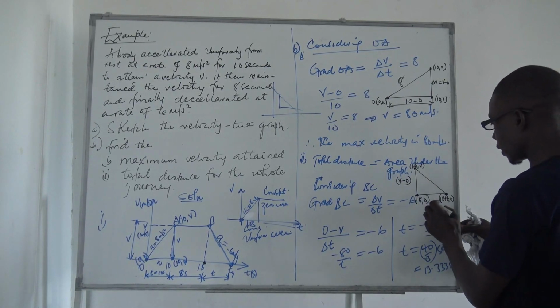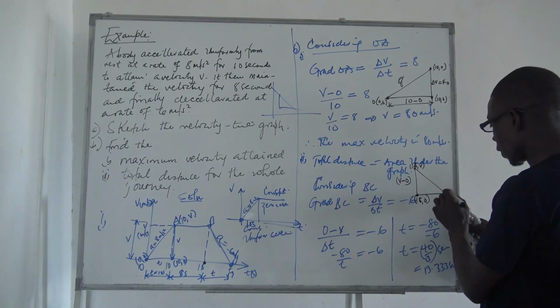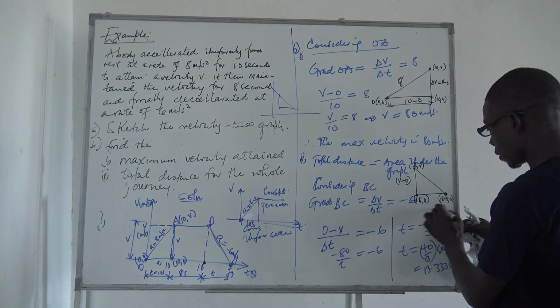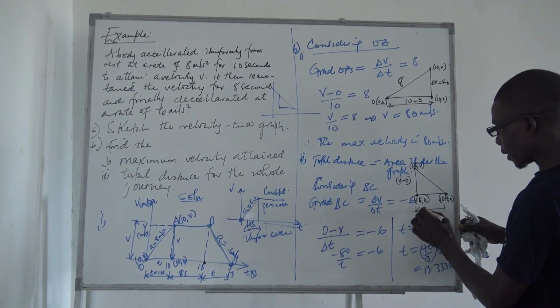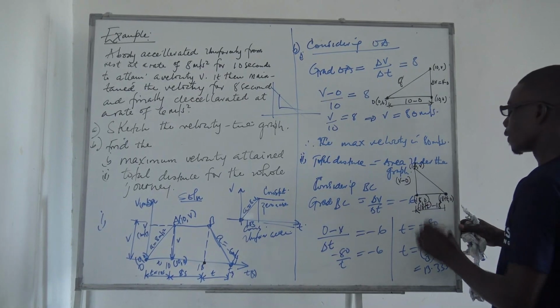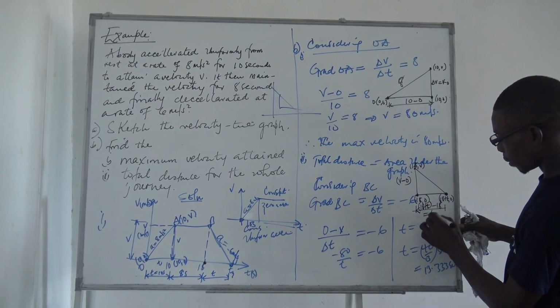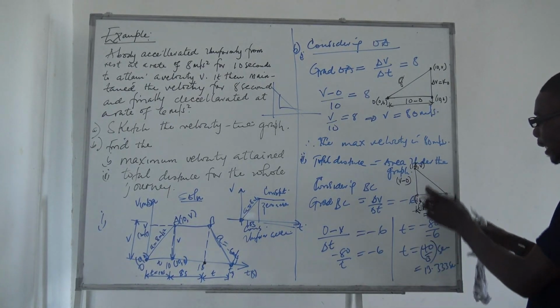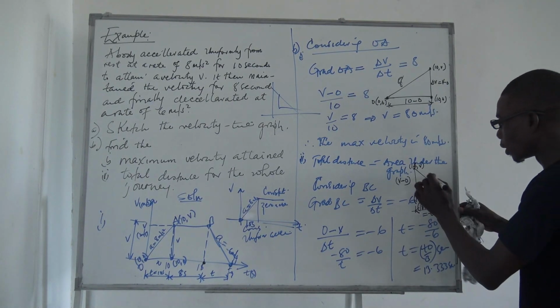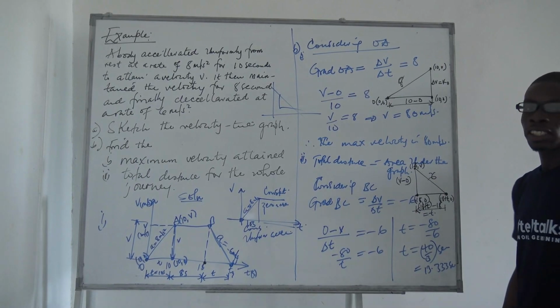And then I can look at 18 plus t minus 18, which is equivalent to t. So that means the change here is t, the change here is V, and the gradient is equivalent to 6.